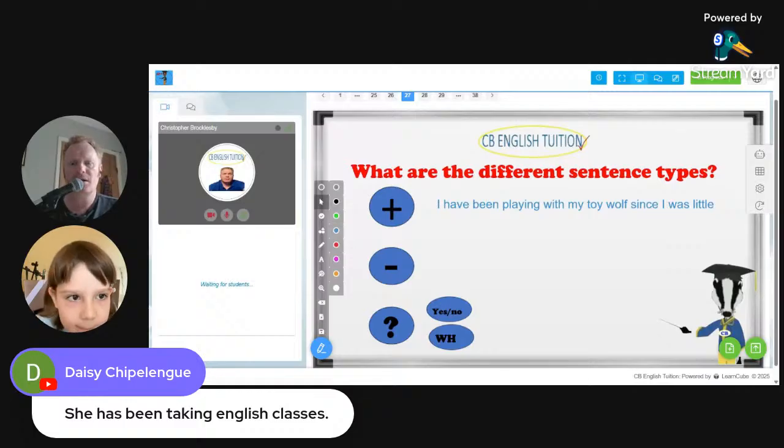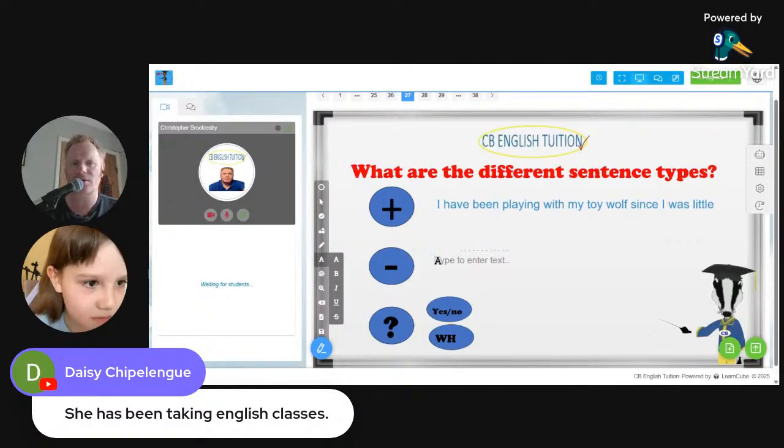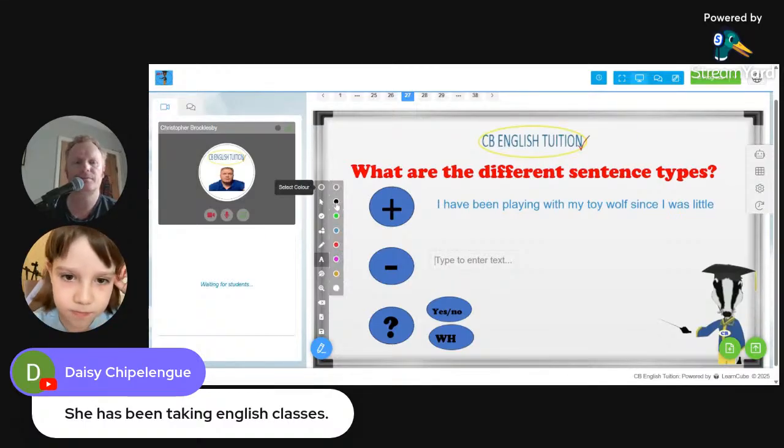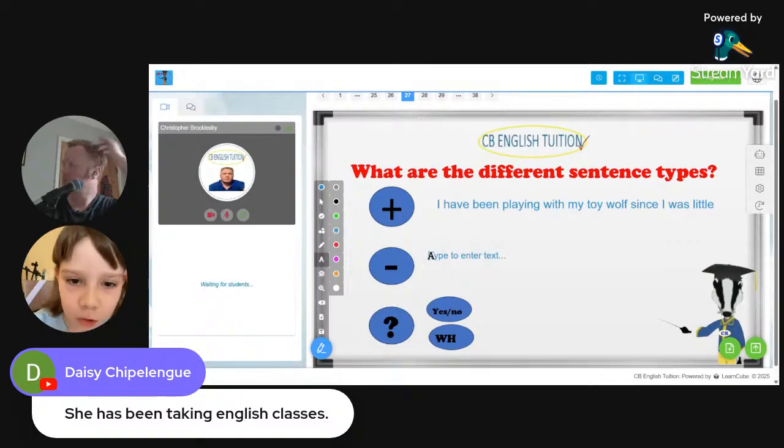Okay, let's move on to negative. So Varvara will give us a sentence in the classroom, and then other students can also write their negative sentences. What is your negative sentence?